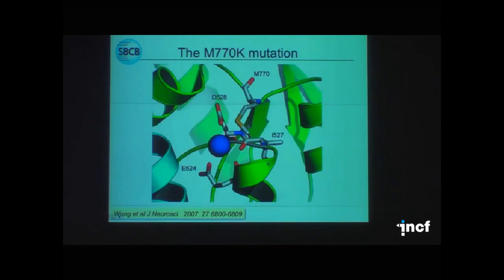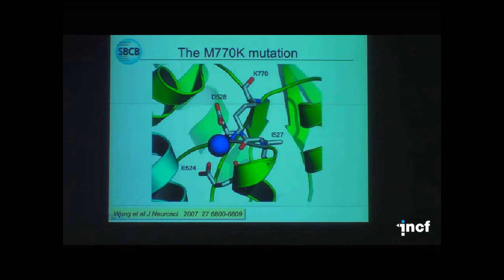Okay, and similarly, if you go back and look at mutation data, if you make this methionine into a lysine in kainate receptors, then you actually abolish the sensitivity to cations. You can change the cations, you can change the concentration, nothing much happens, okay? And that can easily be reconciled just on the basis of steric interference, if you like. Imagine if that's a lysine, that's obviously not going to be too happy sat next to another lysine, okay? Sat next to a sodium ion.